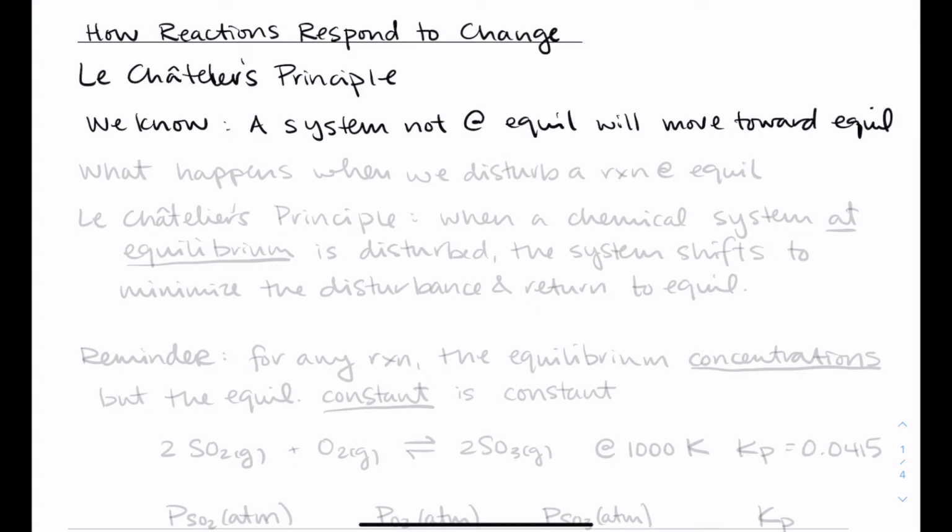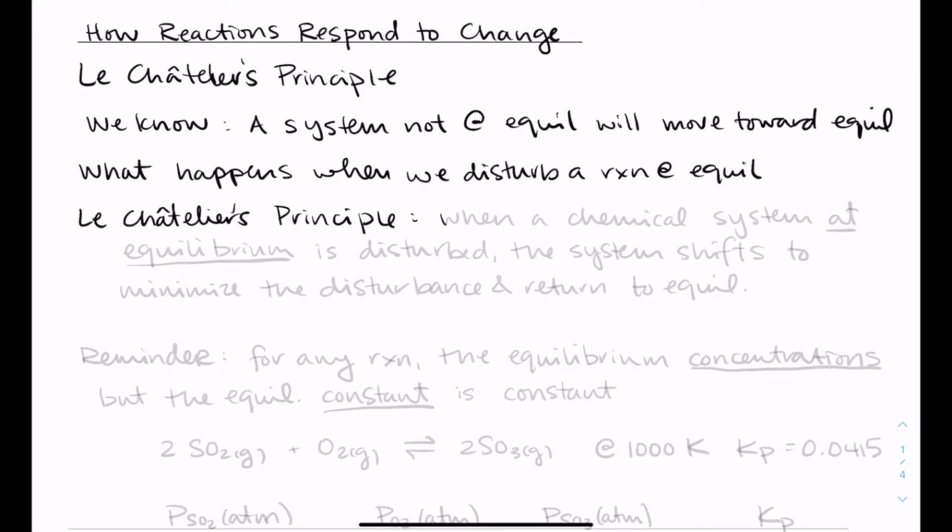So, this is what Le Chatelier's principle covers. We will do this first qualitatively, but we will also do it quantitatively. Le Chatelier's principle says when a chemical system at equilibrium is disturbed, the system shifts to minimize the disturbance and return to equilibrium. The important parts: we have to start at equilibrium, then we do something to it.